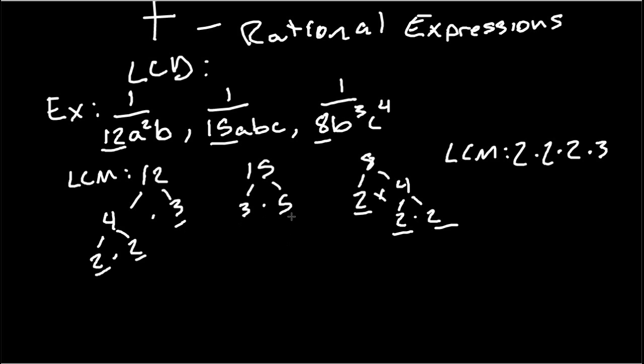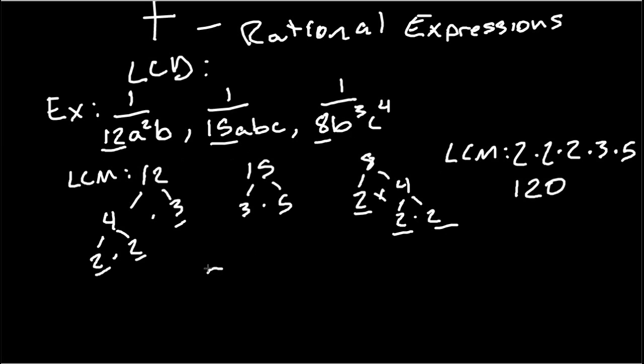And 5 appears once, so it's going to appear once in our LCM. Well, 2 times 2 times 2 times 3 times 5 gives us 120. And that is our LCM for 12, 15, and 8.